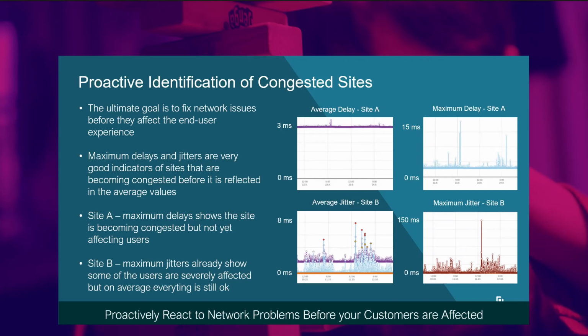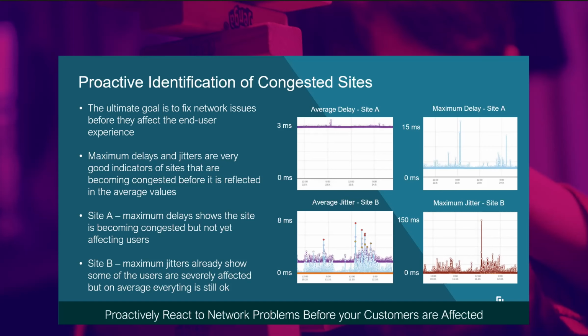But this maximum delay is telling you whether you have an issue or you will start to have an issue in the future, because here we can see there are some microbursts. We can see from the patterns, it's something we see in many of the networks. It's around evening time and towards midnight when people like to watch video particularly much.